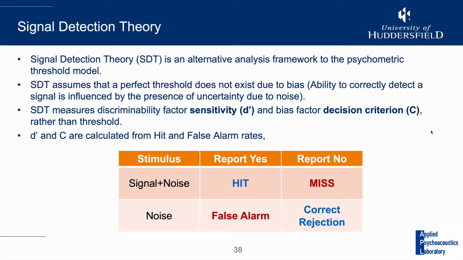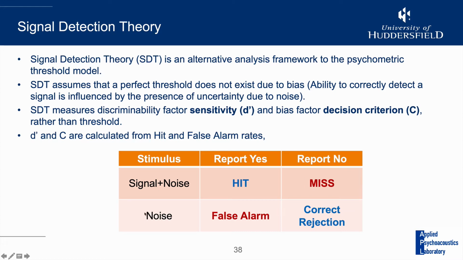And now let's have a look at this table where we can explain what's hit, what's false alarm, and so on. With the yes-no task, let's say the stimulus presented included the signal as well as noise, and the subject response was yes. Then it's a hit, obviously. But if the response was no, then it's a miss.